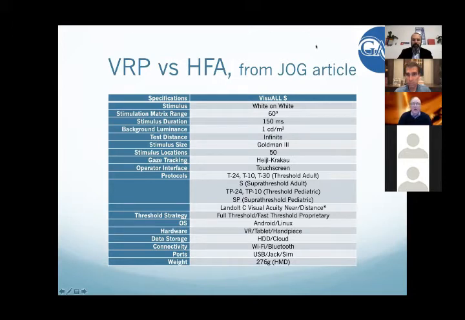It's very similar to your concept of white-on-white perimetry. As you can see, the background's a little bit different and the brightness of the lights are a little bit different, but those are things that are refined as we make progress with this virtual platform.